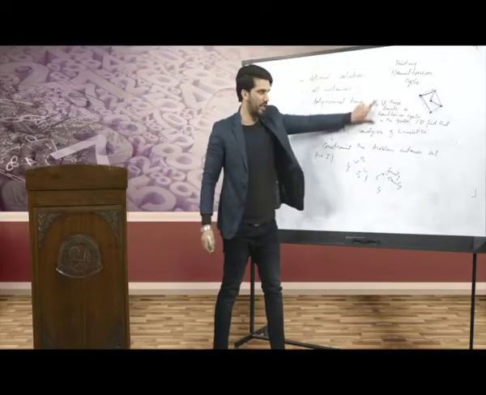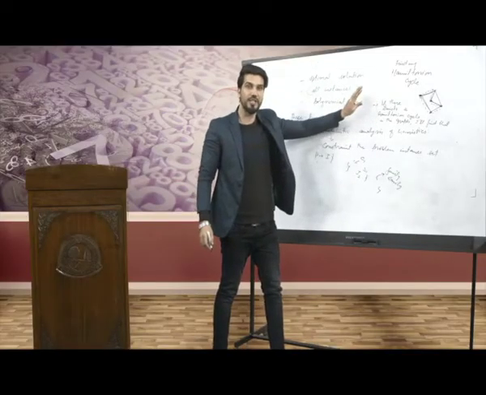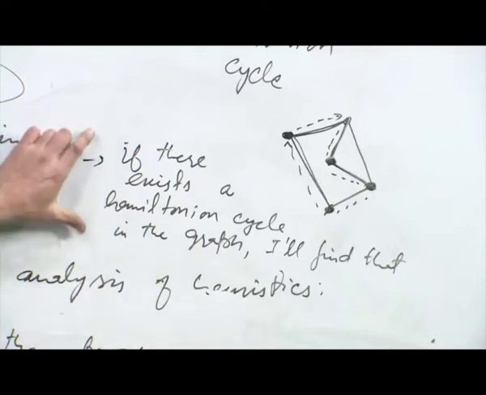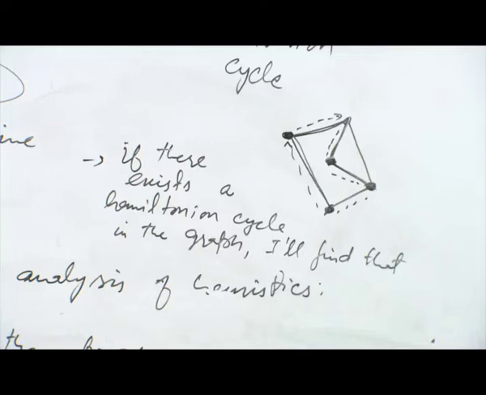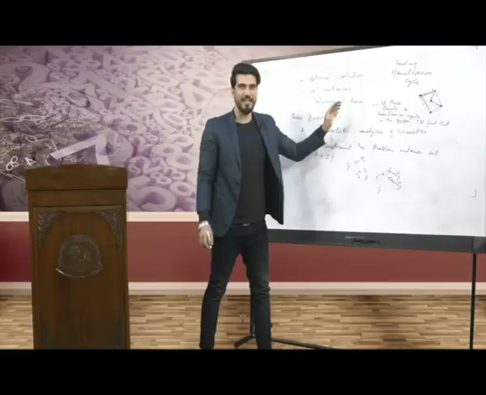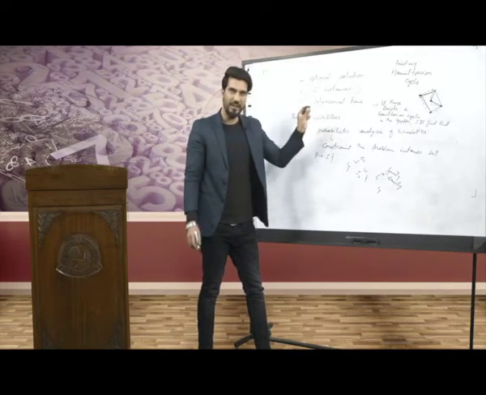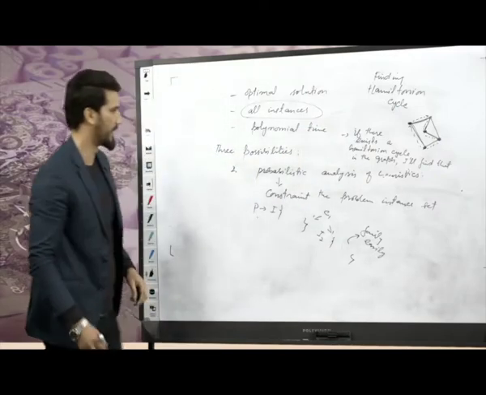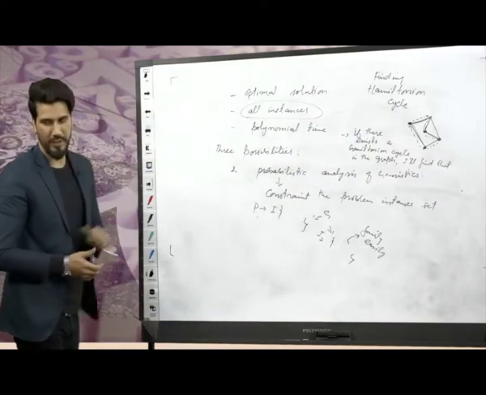But what happens if there is no Hamiltonian cycle in our graph? That's a problem. Then it becomes really hard for the algorithm to solve this problem. This constraint limits the instance set for the problem of finding a Hamiltonian cycle. When it limits that, then it solves the problem fairly easily. This is the second technique, probabilistic analysis of heuristics.